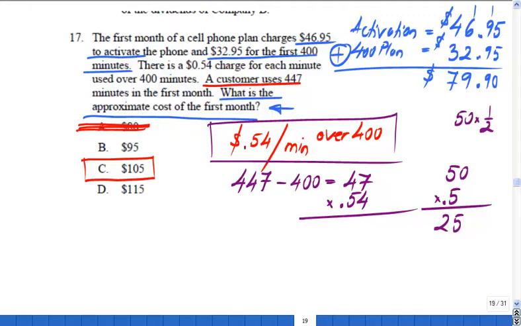Basically, if you add your 25 to the approximate $80 that you have to pay for your plan for your first month, no matter what, 25 plus 80 is going to be 105, right? Well, if you're still uncertain and you're not sure about it, you can go ahead and do this multiplication.